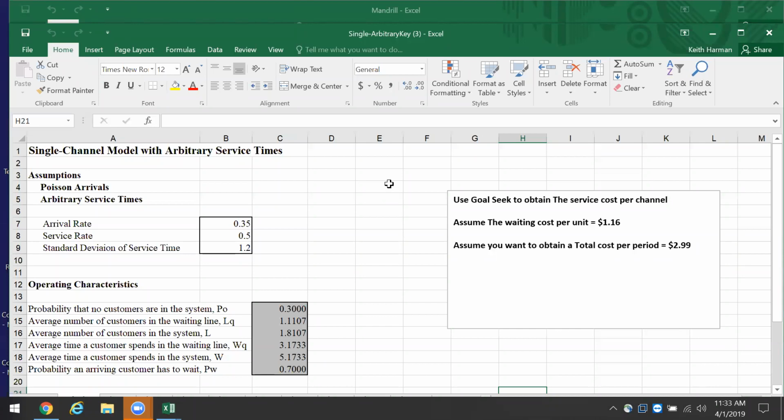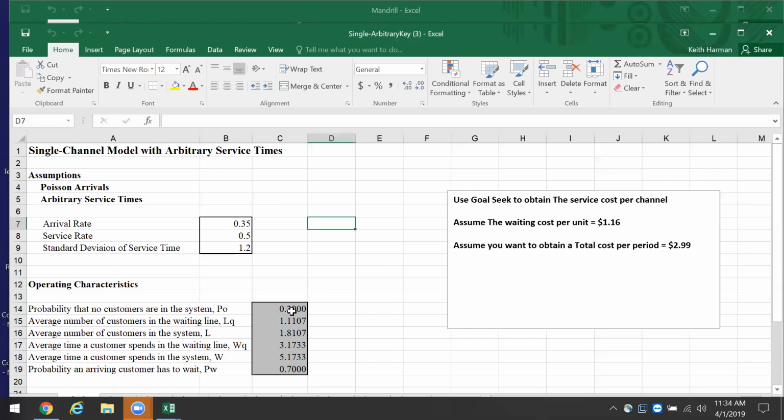Okay? So you'll want to take a look at that. In this case, we'll be using the single arbitrary. We're going to be a single channel model with arbitrary service times. We're dealing with just the most simple of all of these models. And you'll see they get more and more complex, but you can see here we're dealing with probabilities.